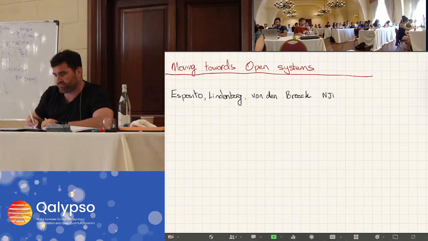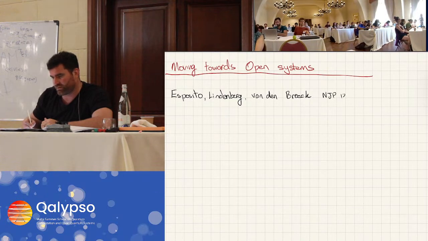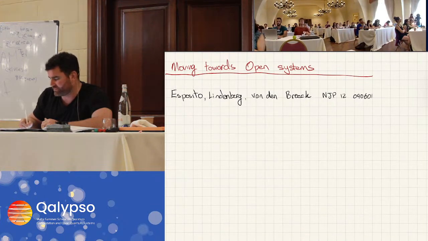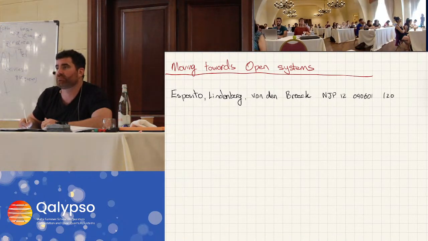The first work where this type of thing was hammered out was in the paper by Massimiliano Esposito and some collaborators, Lindenberg and van den Broek, around 2010 in an NJP.